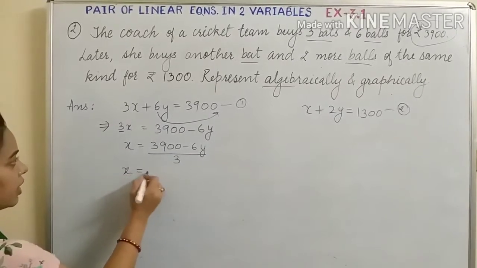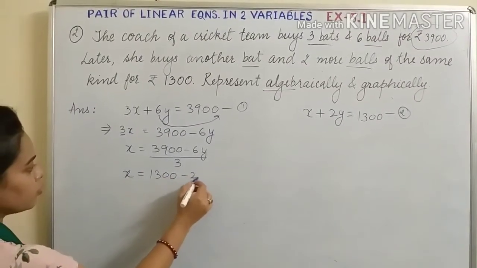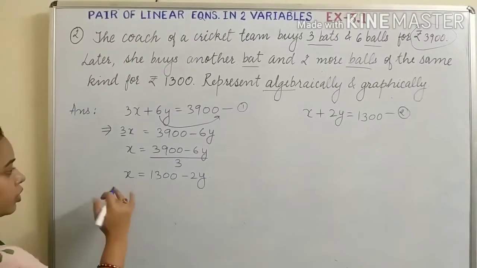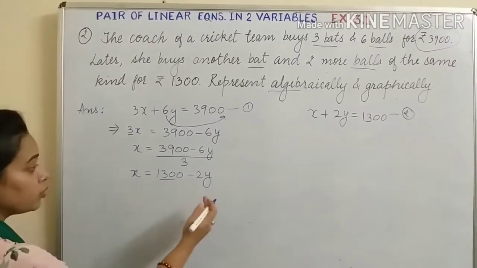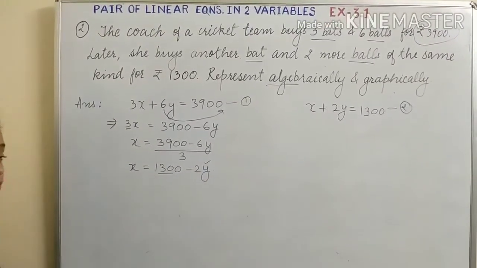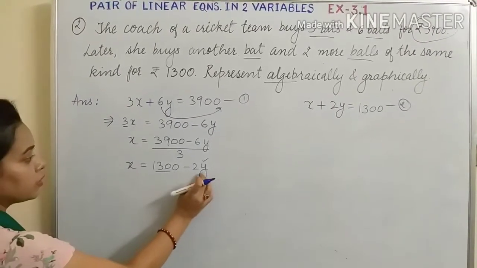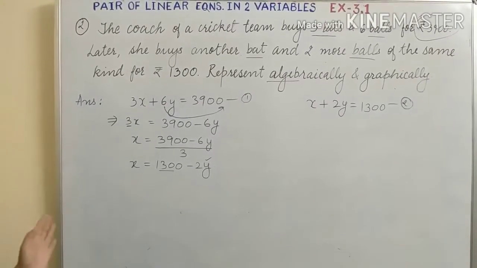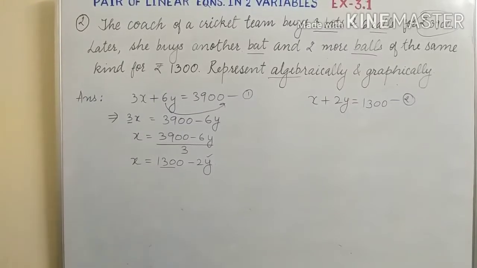So ultimately we are left with 1300 minus 2y. Okay. Now we will put different values. Now this is 1300, so we have to take bigger values of y here. Otherwise if we take smaller values of y, then the graph will be very asymmetrical, because we will be getting 1300 and here small values, it will create a lot of difference.